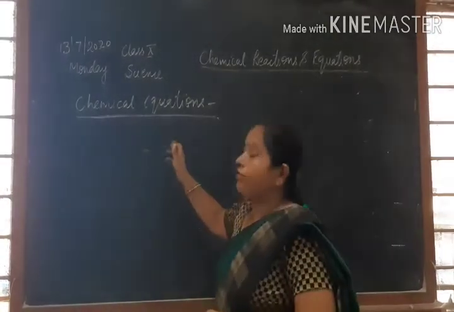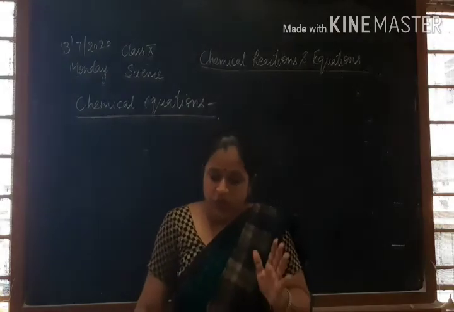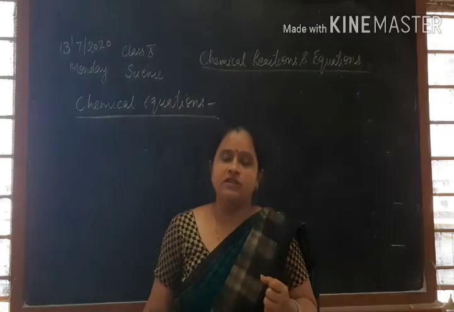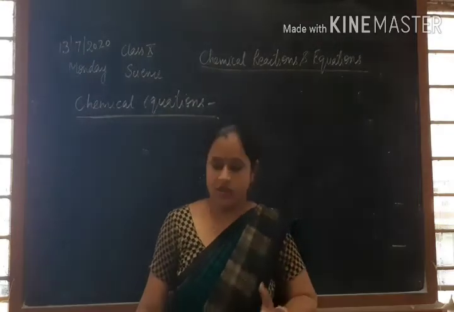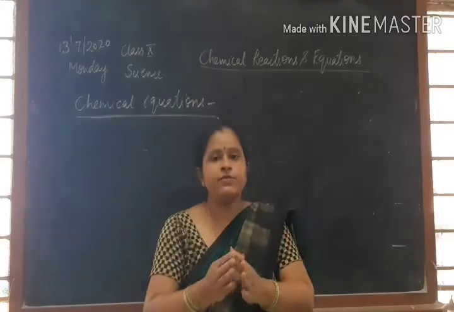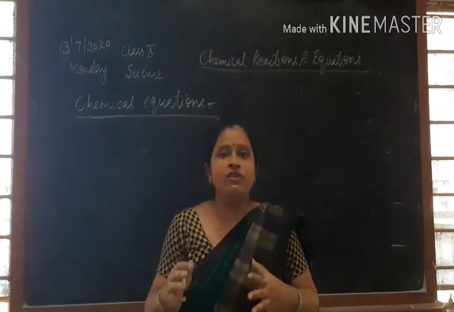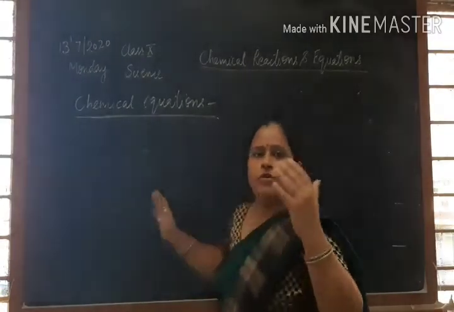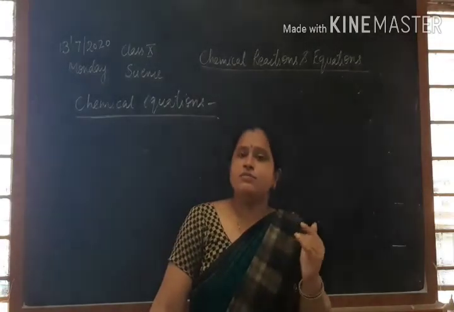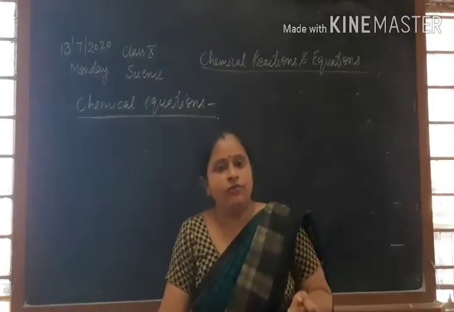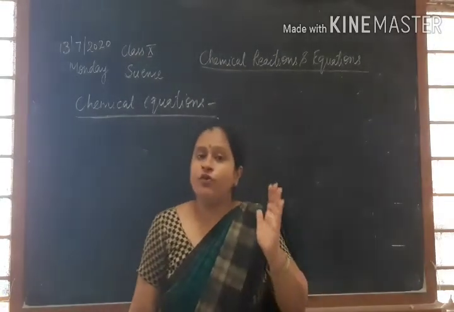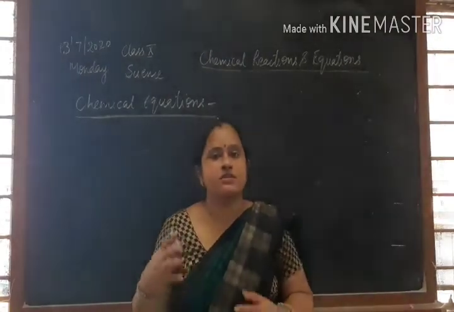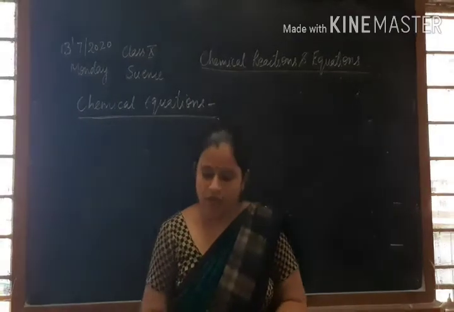Now first of all, what is a chemical equation? Look students, previously we have discussed the chemical reaction. If any reaction occurs and we want to represent that particular chemical reaction on the board or somewhere, we need some sort of symbols or formulas. So summarizing that chemical reaction in the form of formulas or symbols is known as a chemical equation.